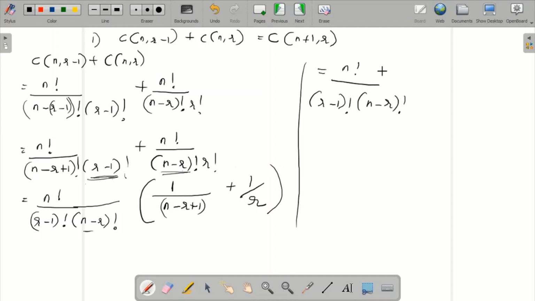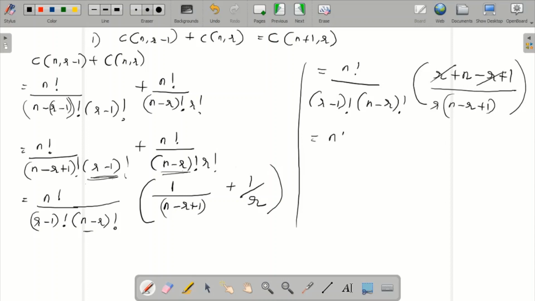Here if I take LCM, it would be r plus n minus r plus 1 divided by n minus r plus 1 into r. Okay, so this and this get cancelled.